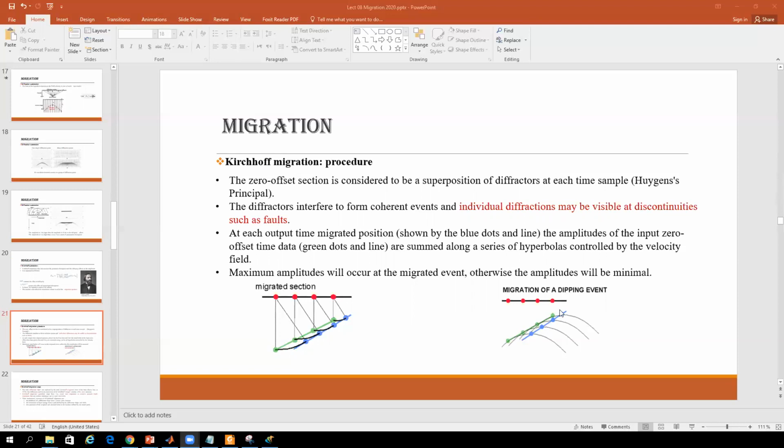So at the end, we will have a displaced event or a migrated event which is similar to the one which we have obtained from the Hagedorn migration or the manual migration by simply drawing semicircles which will pass through every point in the event or in the stack section.